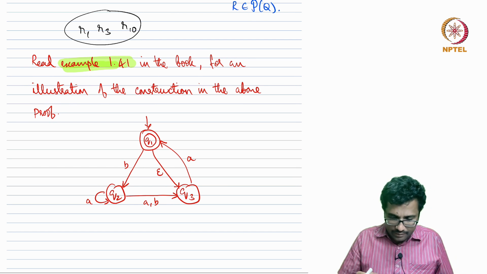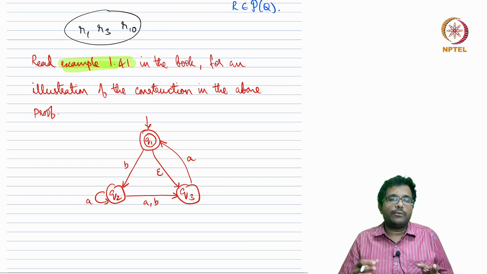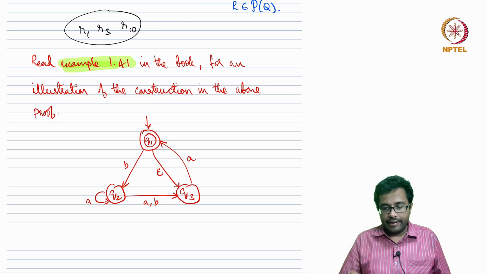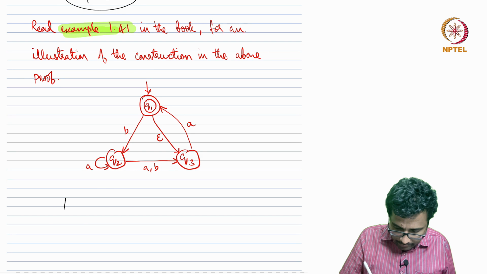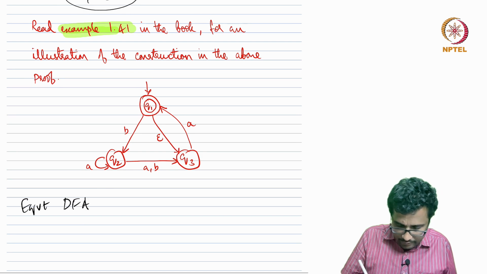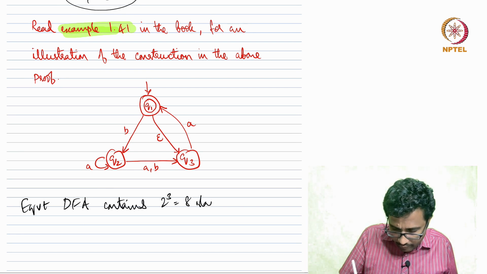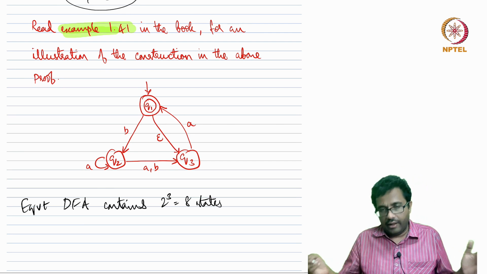But then the example in the book notices that some states are not really useful. So the equivalent DFA contains 2 to the power 3, equal to 8 states; this is what we can say without any actual construction.